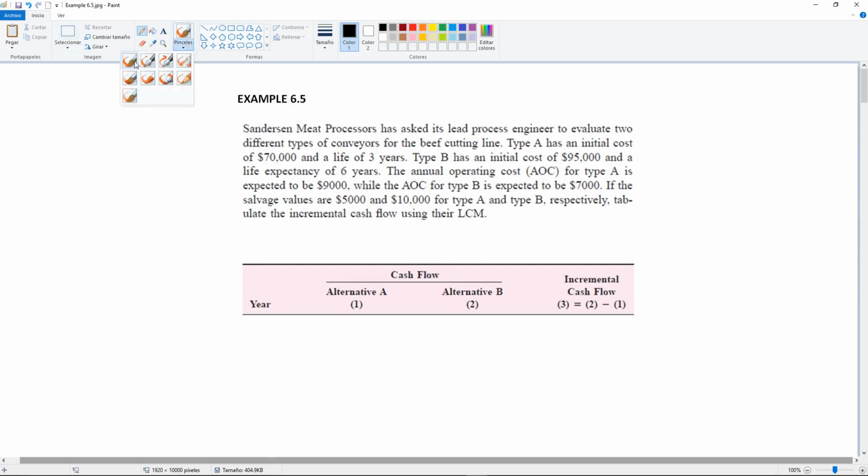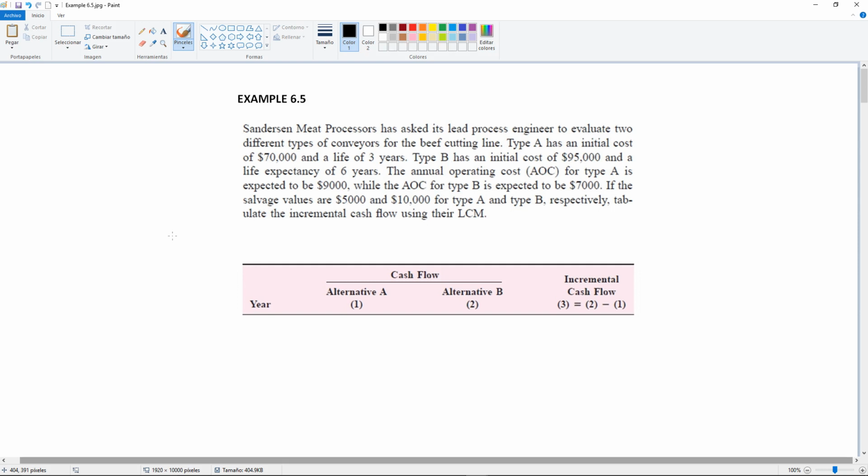Okay, so for example 6.5, it says Sanderson Meat Processors has asked its lead process engineer to evaluate 2 different types of conveyors for the beef cutting line. Type A has an initial cost of $70,000 and a life of 3 years, and Type B has an initial cost of $95,000 and a life expectancy of 6 years.